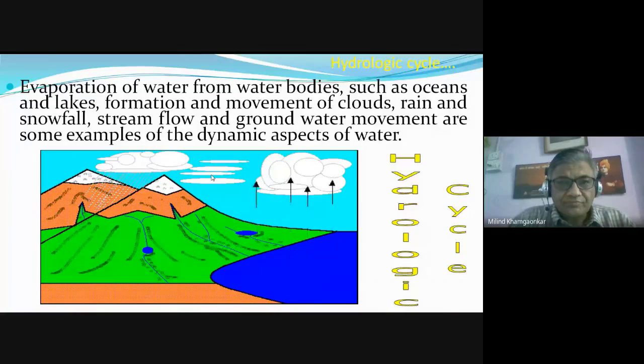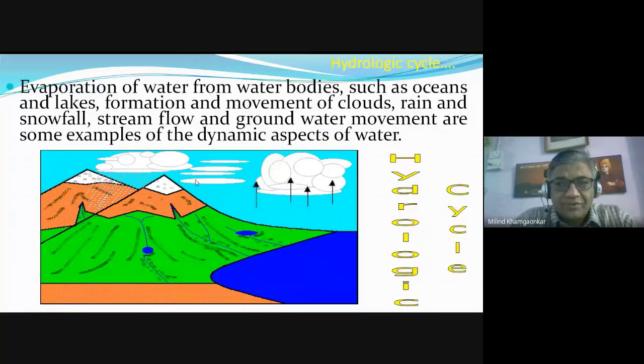Okay. So this precipitated water falls on the ground. Precipitation not only includes the fall of the water particles, which we call raindrops, but it also includes the fall of the ice particles.